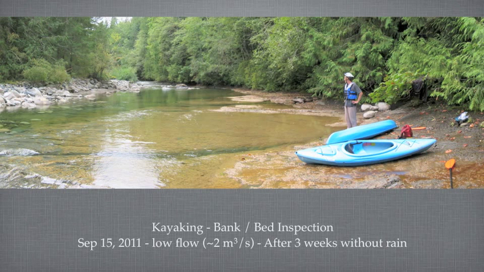That was important because we wanted to make sure that any wet areas that we would observe on the left bank or the right bank of the river would be the result of groundwater seeping on the slopes and not the result of wet zones due to recent rains.